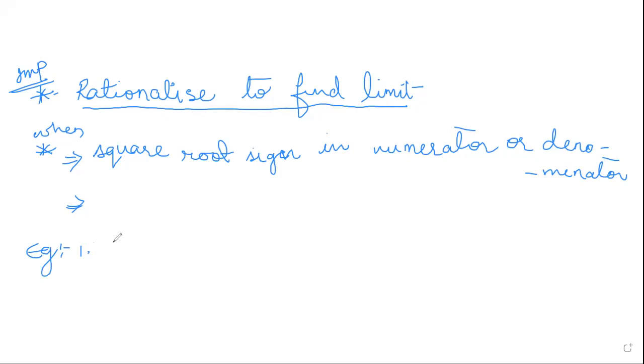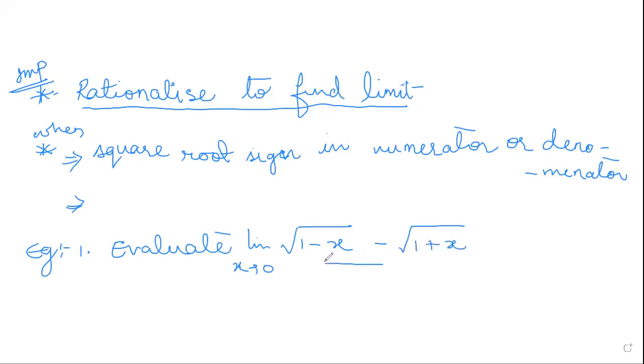You have to find this: limit x tending to 0, 1 minus x. What you all can do is try to substitute 0 over here in the rough column.